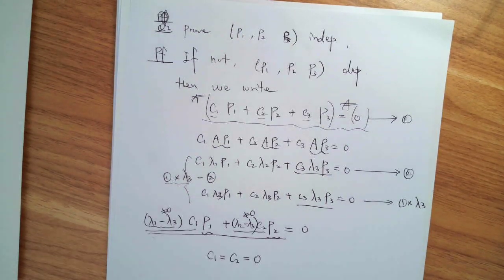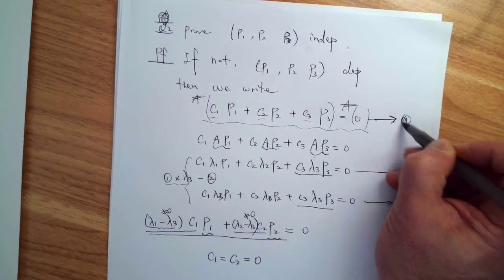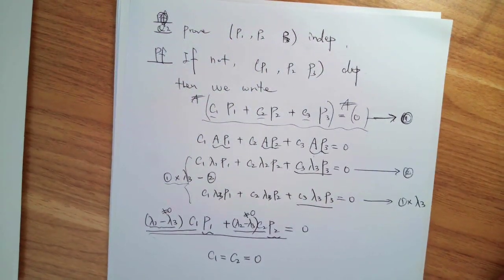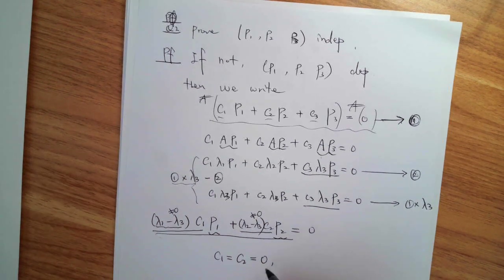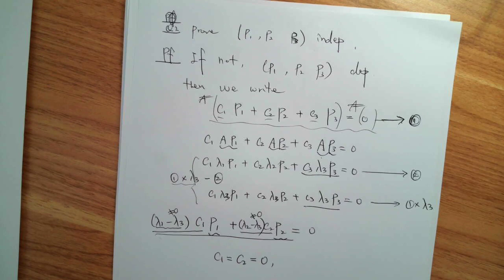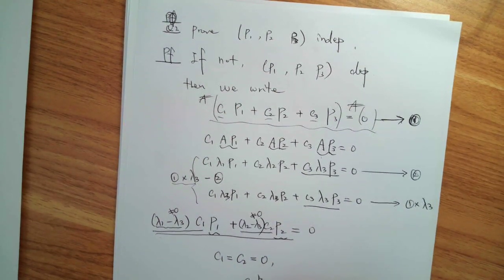So from this assumption, C1 equals C2 equals 0. That means equation 1 is reduced to C3 P3 equals 0.